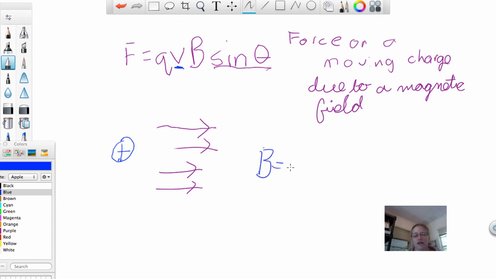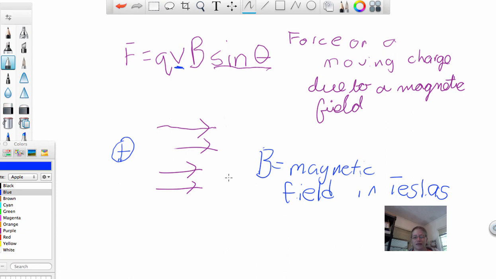B is the strength of the magnetic field in units called Teslas, after the scientist. Okay, and while I'm paused, why don't y'all figure out what a Tesla is, or what an equivalent form of a Tesla is.